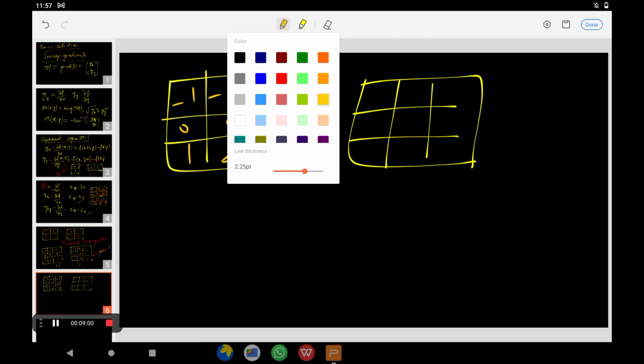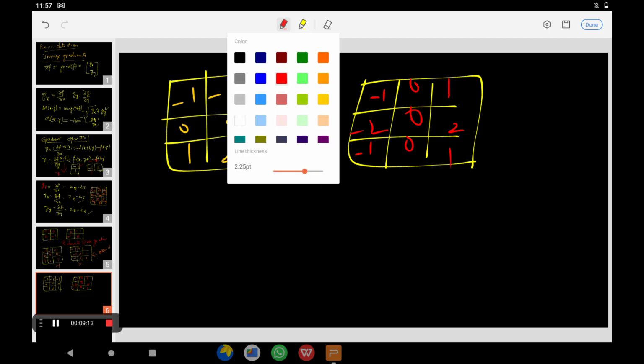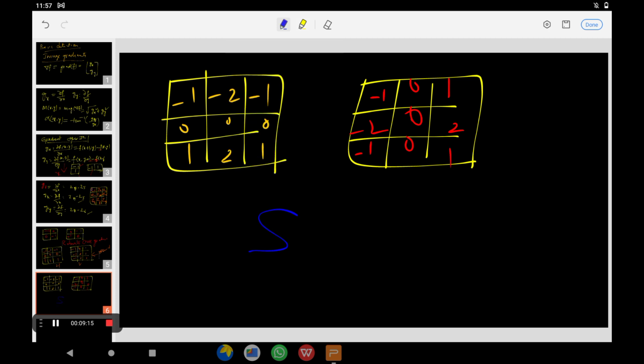At the same time, the corresponding other filter for detecting the vertical lines is -1, 0, 1, -2, 0, 2, -1, 0, 1. These filters are generally called Sobel filters, Sobel operators. These are the different operators.